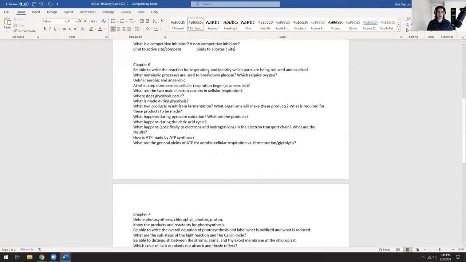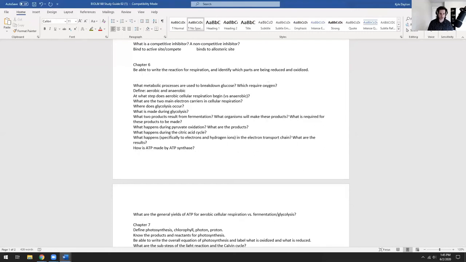Be able to write a reaction of respiration and identify which parts are being reduced and oxidized.